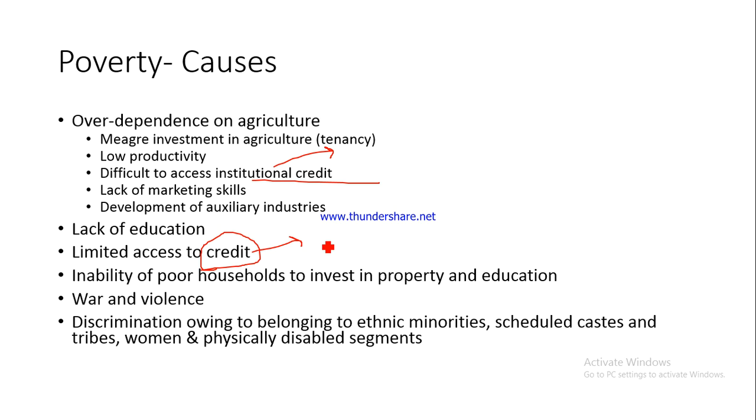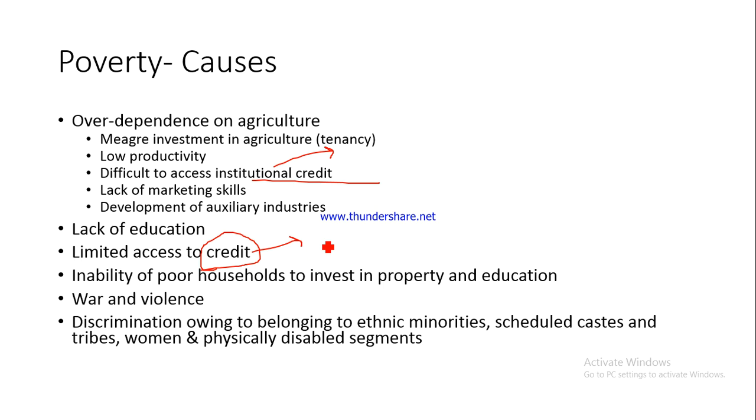If you are from a scheduled caste or scheduled tribe, there is a lot of discrimination, and people from these segments are simply not allowed the opportunity to improve their skills, to get higher education, to set up their own business. This way they are not able to further augment or diversify their income, and hence they remain poor.